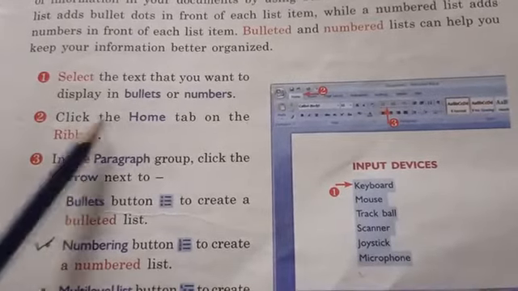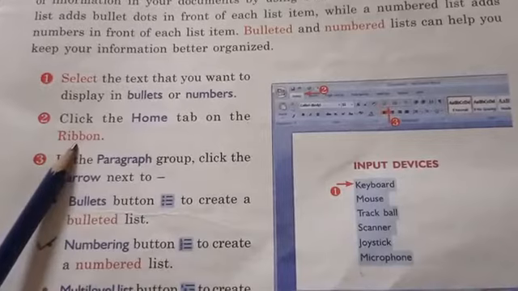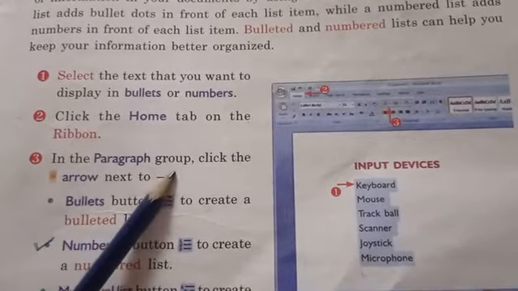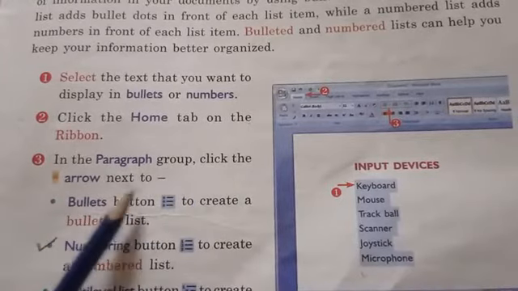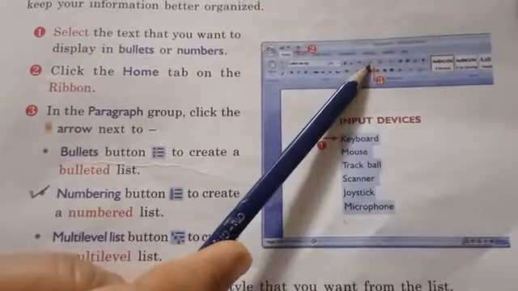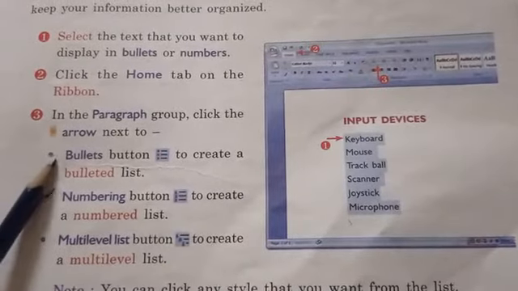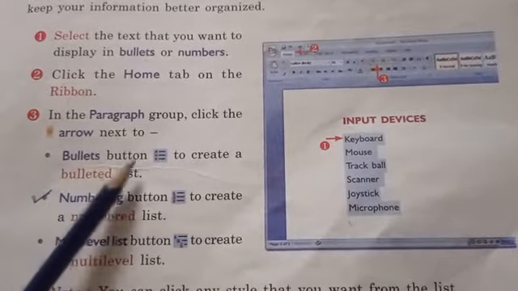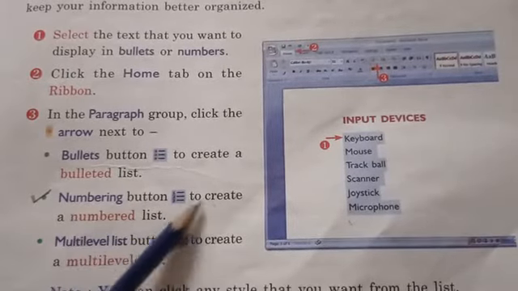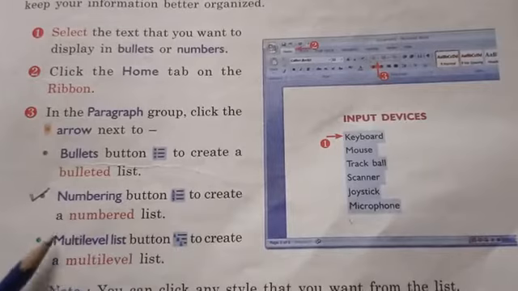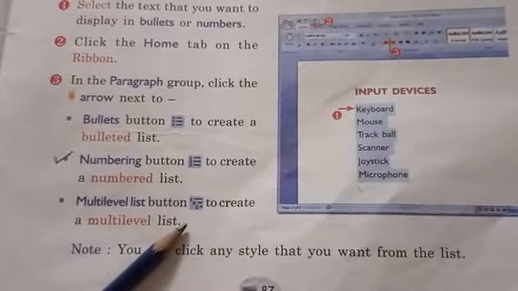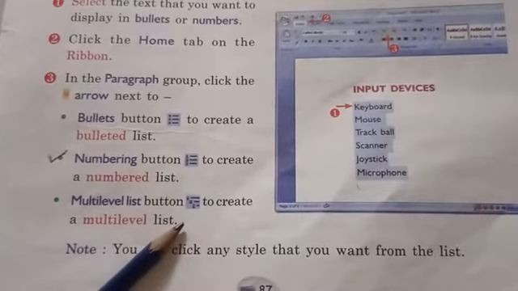Second, click the Home tab on the ribbon. You can see it here. Third, in the Paragraph group, click the down arrow next to the Bullets button to create a bulleted list, the Numbering button to create a numbered list, and the Multilevel List button to create a multilevel list, like heading, subheading, na?